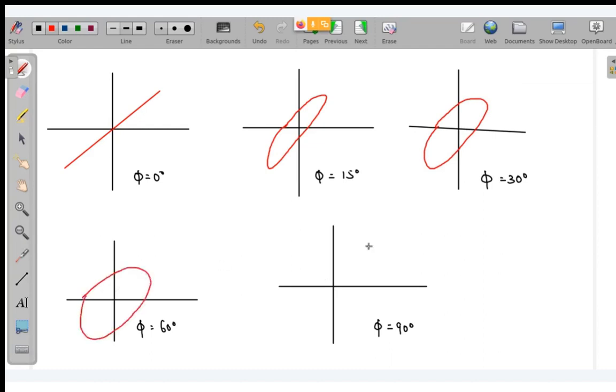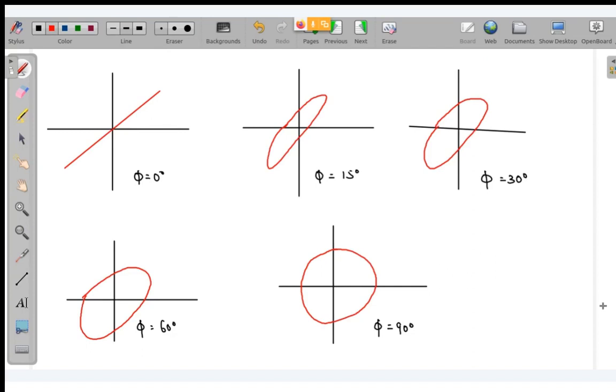And for 90 degree, it will be a perfect circle. So this is the Lissajous pattern for finding out the phase. Tell me, is it clear? Any doubt?